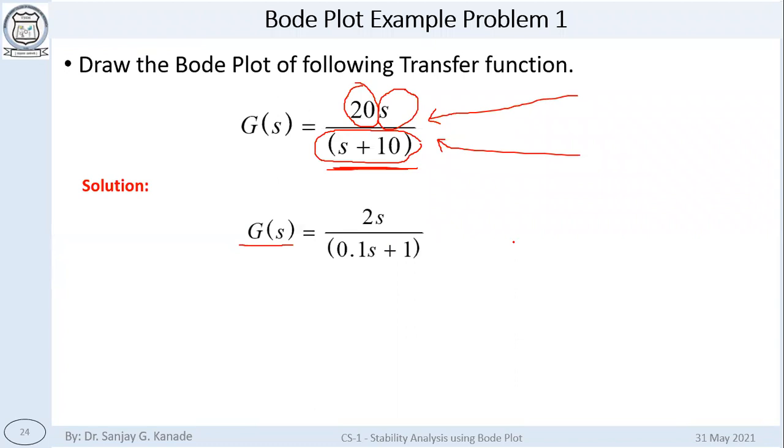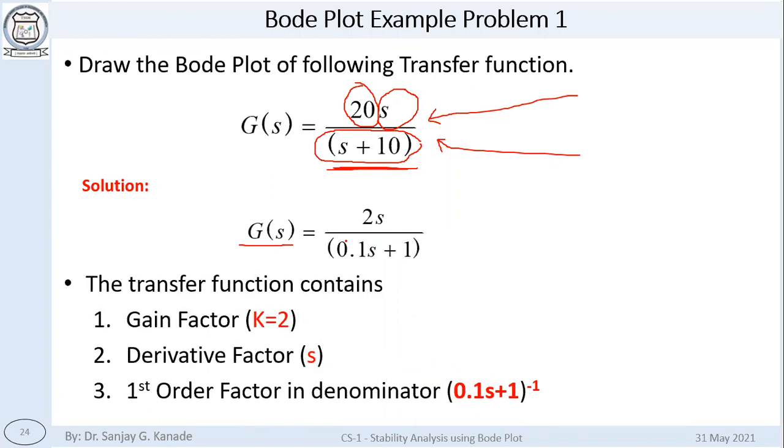So this is what the transfer function is. Now we can go ahead and find out individual magnitude plots of these three factors. These three factors are gain 2, derivative factor s, and first order factor in the denominator, which is 0.1 s plus 1.